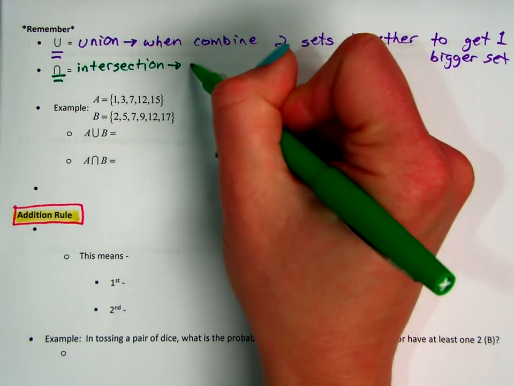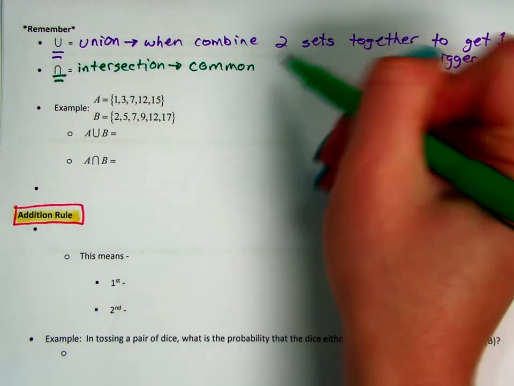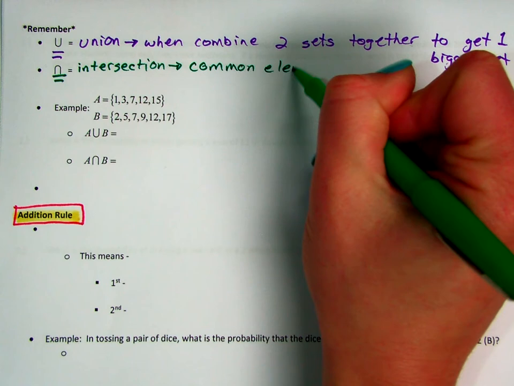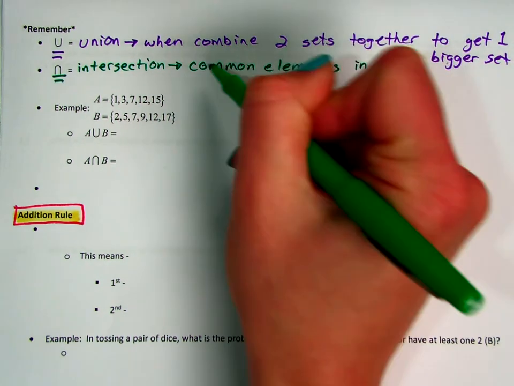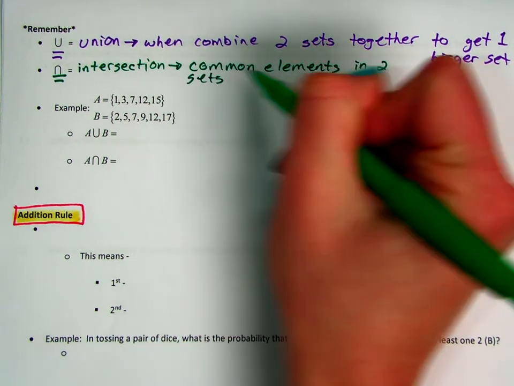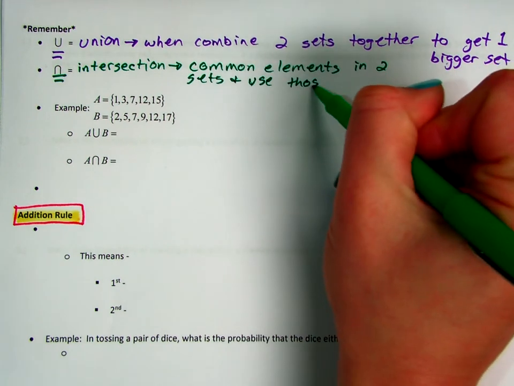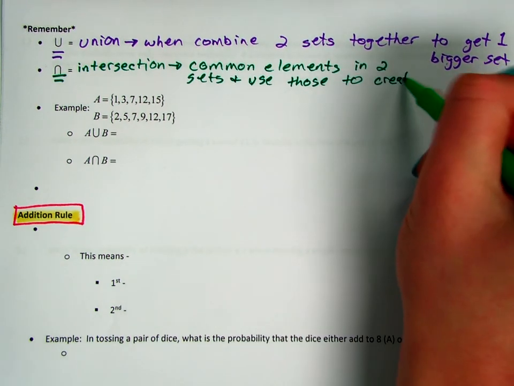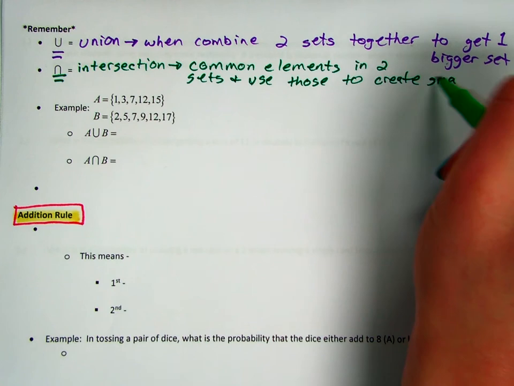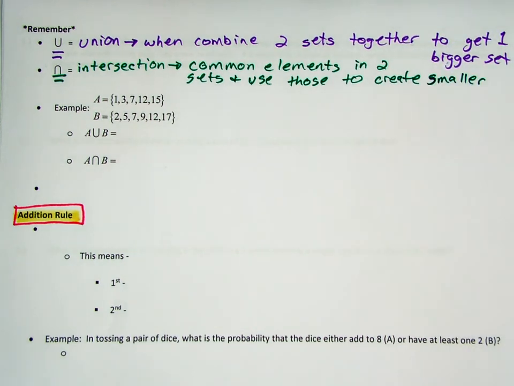And the intersection is when you identify common elements in two sets and use those to create a smaller set, because that smaller set only contains the things that are in common.